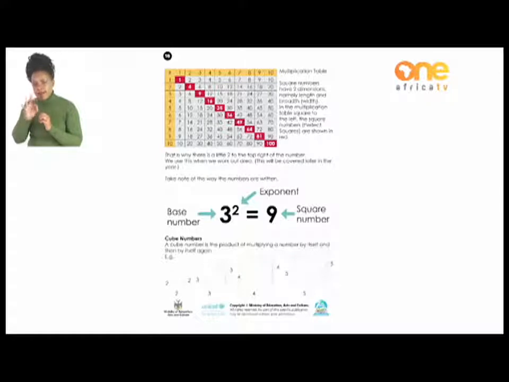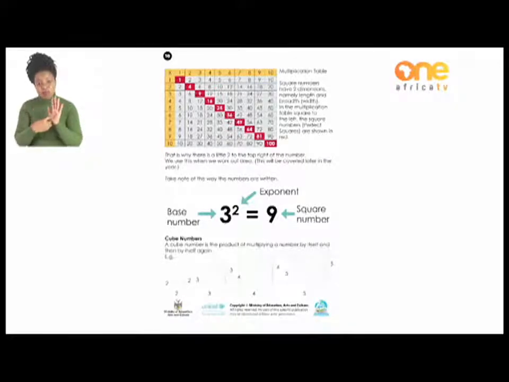We are done with the square numbers, so we go to the cube numbers. A cube number is the product of multiplying a number by itself and then by itself again. So that number has to appear 3 times.